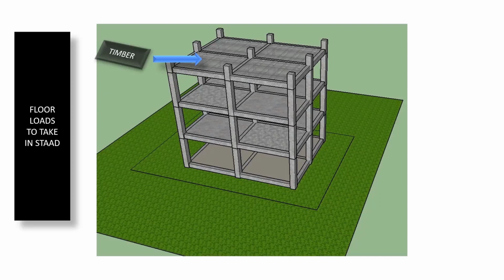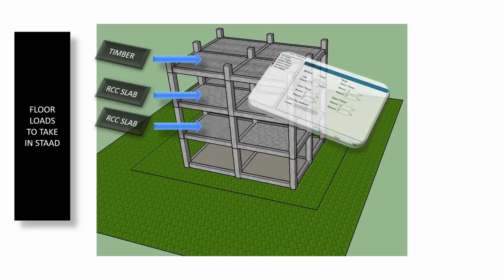The timber structure will basically be timber battens on top of which there will be 35 mm lap joint timber planks, and this can vary, but the overall timber structure will be very light, and the load contribution compared to the RCC slab will be very less, so this is why we can neglect the load contribution from the timber structure in Staad. But in these two intermediate floors, we have to consider the load contribution because there is an RCC slab.